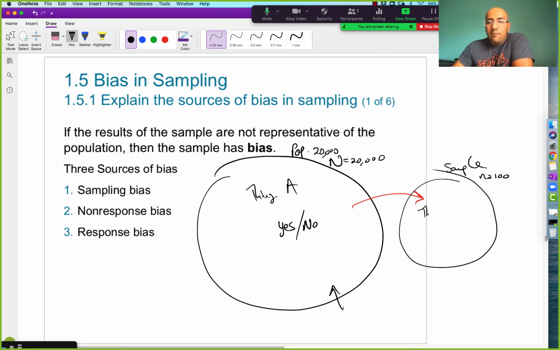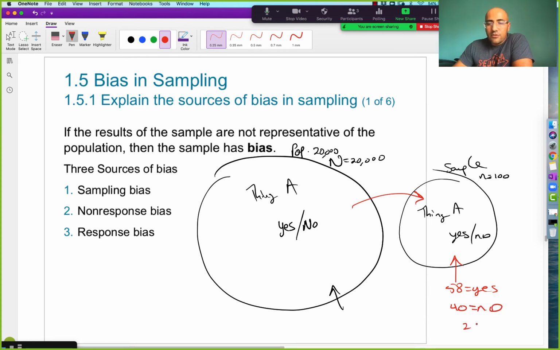Right, and now it's a lot more manageable to ask about thing A here. Yes or no? What do you guys think? Thing A, yes or no? Okay, so what I'm going to do is I'm going to take information from here. Okay, so from here, maybe I get that 58 say yes, and 40 say no.